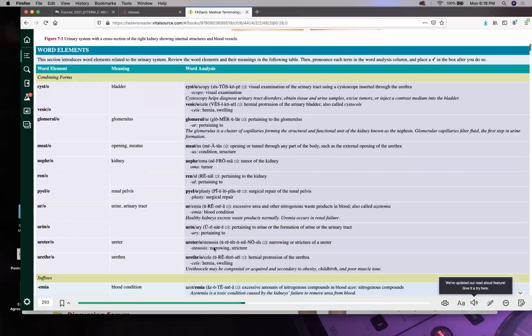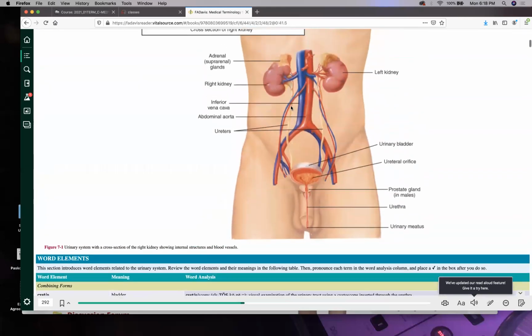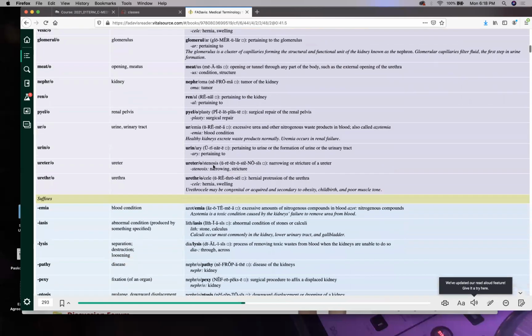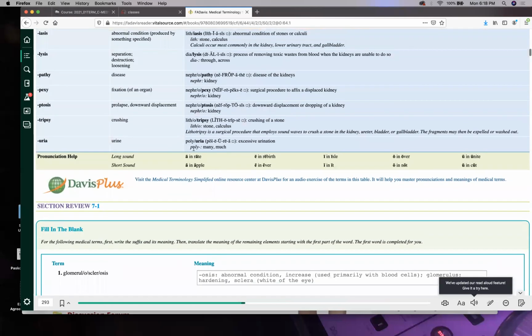And we don't want that because then it's going to cause obstruction and torsion of this ureter. Okay. And then you'll have nephroptosis. That's not good. Downward displacement or prolapse. Right? So we have to perform nephropexy. We have to make sure that thing's sewn up in the right place.